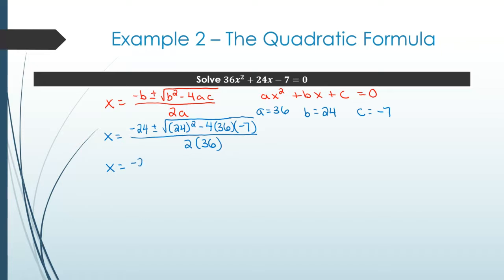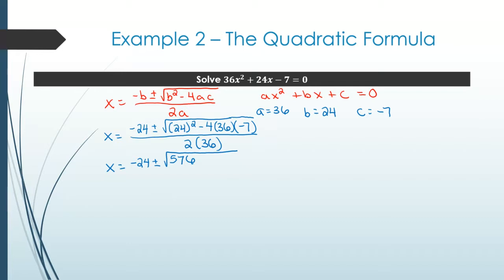So I have my negative 24. There's nothing to do there. And plus or minus my square root. So inside the square root, I can do 24 squared. My calculator says that's 576. Now the minus 4 times 36 times negative 7. So the minus goes with the 4, that's a negative 4.